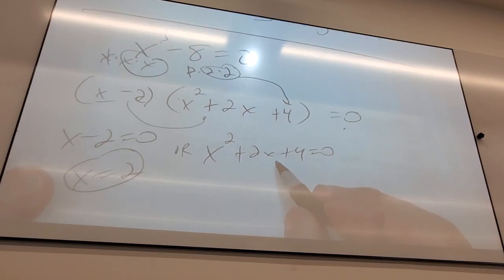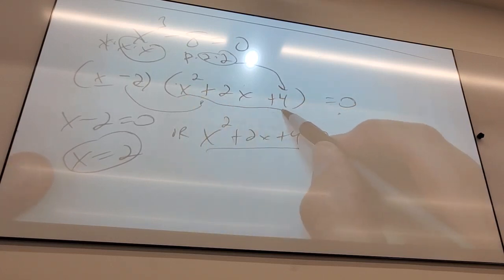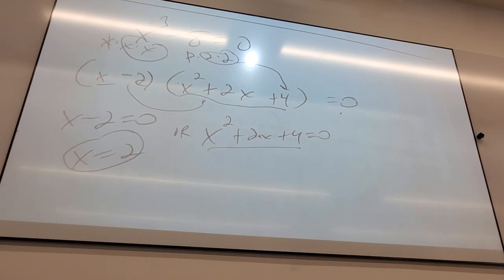And what would you do to solve this? Can you factor this? You can never factor the big guy. Exactly. Thank you, Michael. You can never factor the big guy. So this is not going to factor. So what do we use? Anytime I can't factor a quadratic, use the quadratic formula.